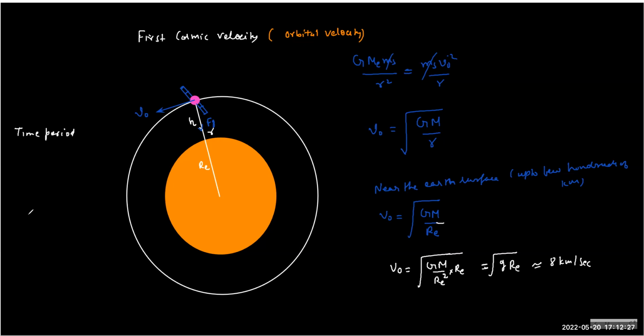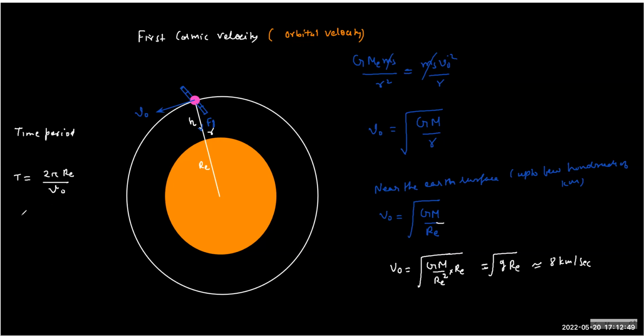How much? Guess. 6,400 by 8. So the time period will be... We can have a better formula. The formula you can write is, okay, there is a direct formula, but anyway, you can write 2 pi r e upon v o.